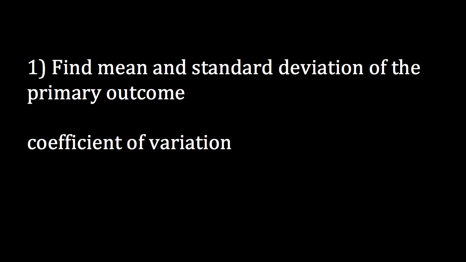And we can use this to calculate something called the coefficient of variation. This is simply the standard deviation divided by the mean times 100%. As a general rule, the data is not going to be normally distributed if the standard deviation is bigger than the mean.